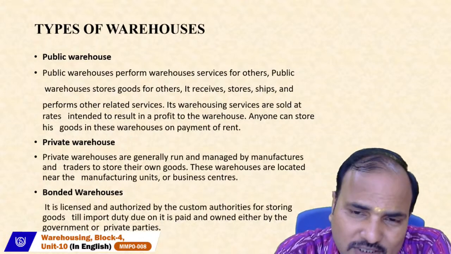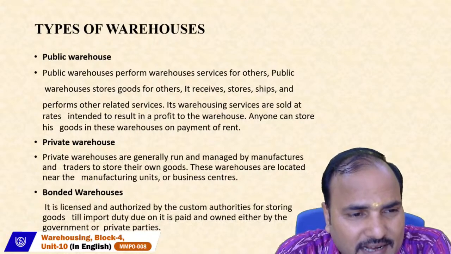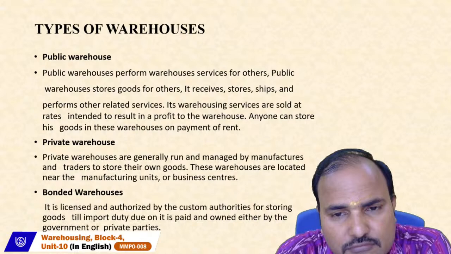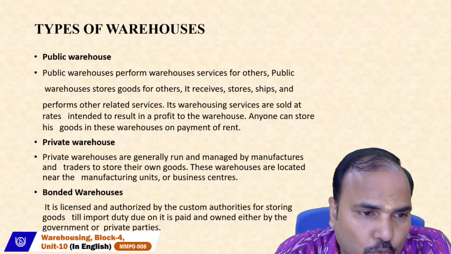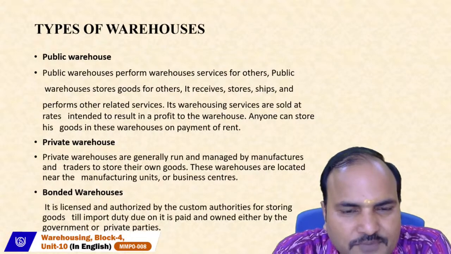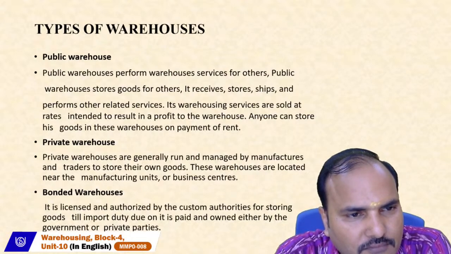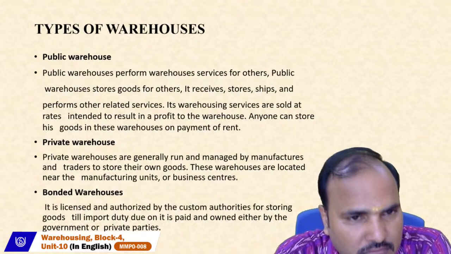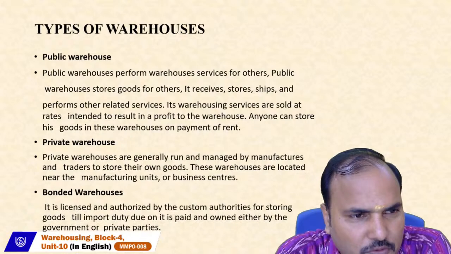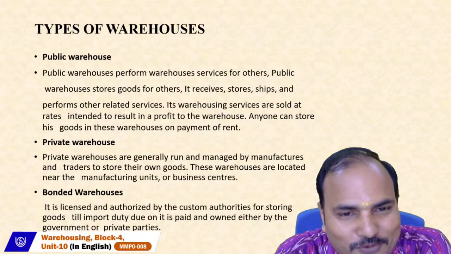And its warehousing services are sold at rates intended to result in a profit to the warehouse. Anyone can store his goods in these warehouses on payment of the rent. So it is not their own warehouse. It is meant for all. It is for others. So the name is public warehouse, you know.